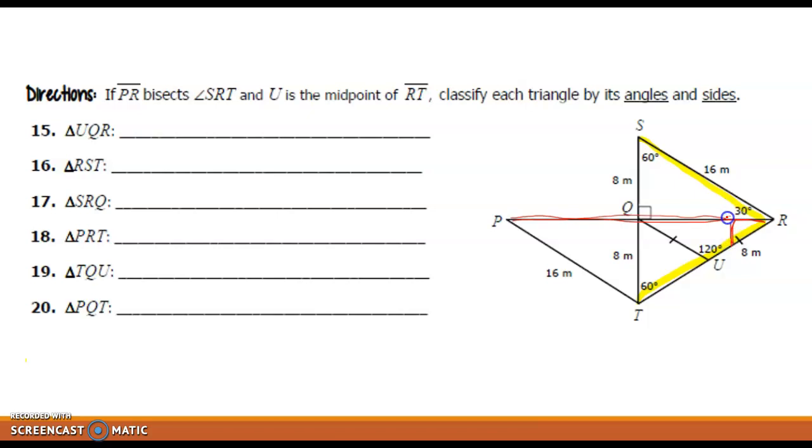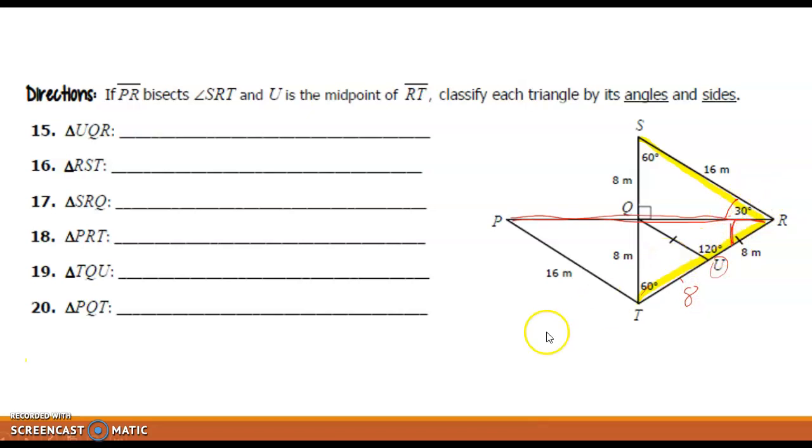So both of these angles are 30 degrees. That's one thing it tells you. Then it tells you that U right here is the midpoint of RT. So that means that this one is 8 meters, so this one is also 8 meters. So you know that that's 30, that's 30.